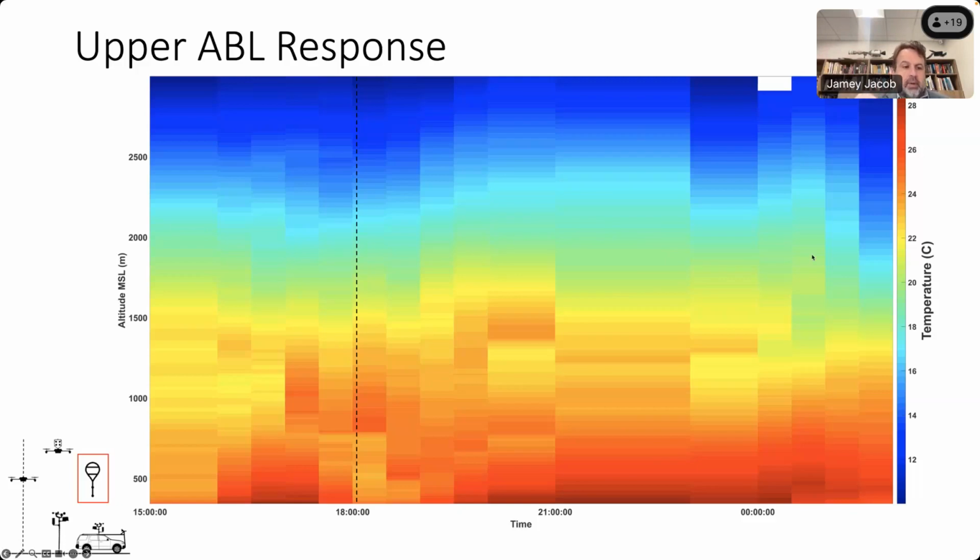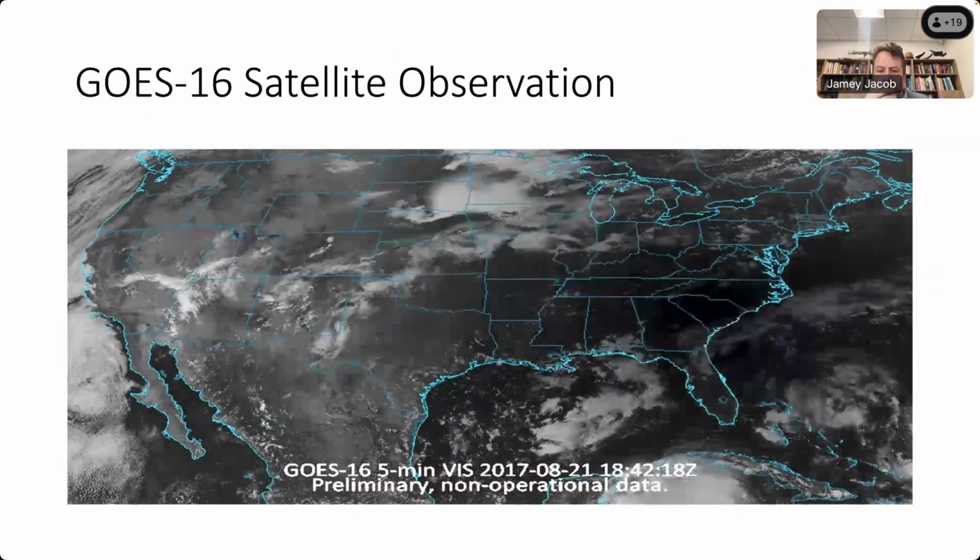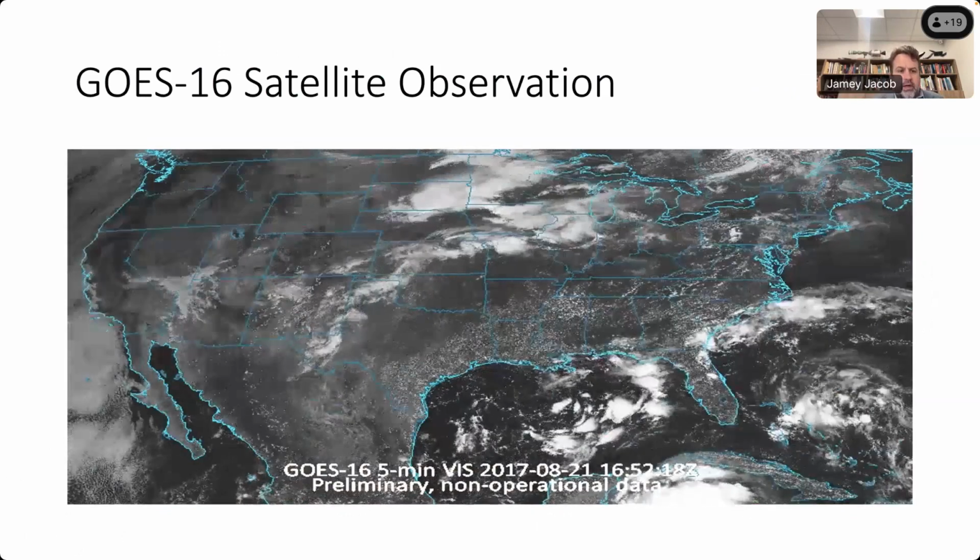And keep in mind, this is a fairly low ABL response, right? We're looking for stuff both in the ABL as well as the upper atmosphere in terms of that behavior.